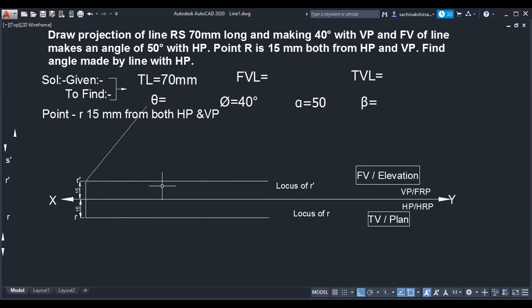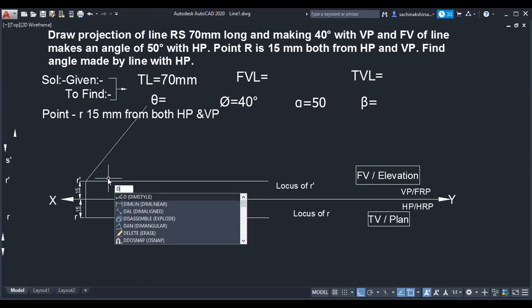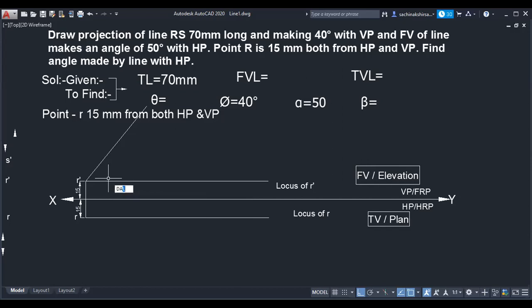So this will be the line of 50 degrees. If I give measurement to this, what should this angle be? Alpha. Are you observing the angle? Yes, sir. So this angle is 50 degrees.